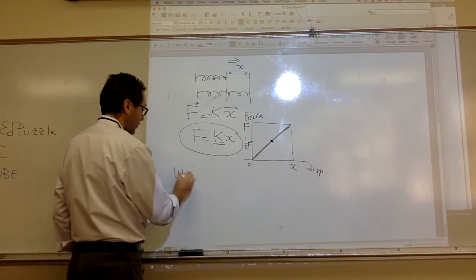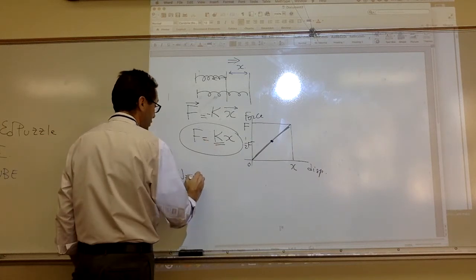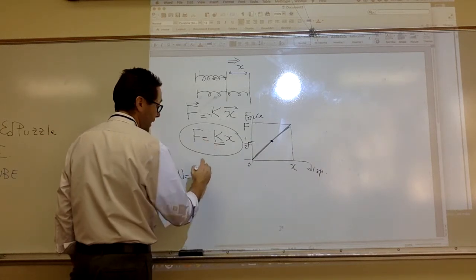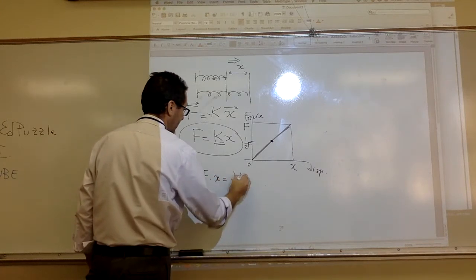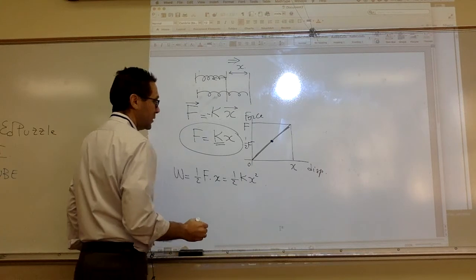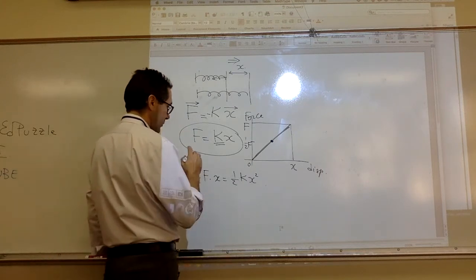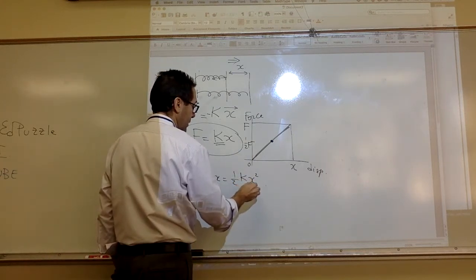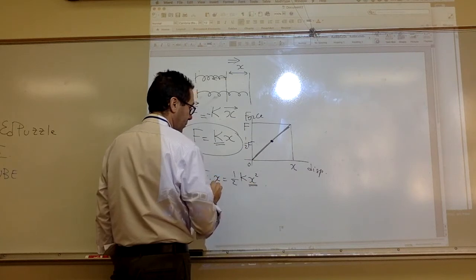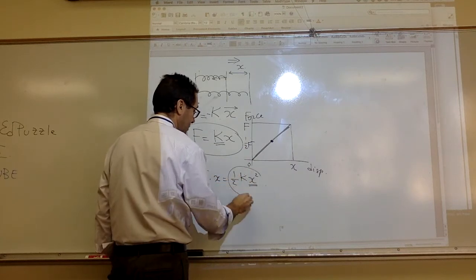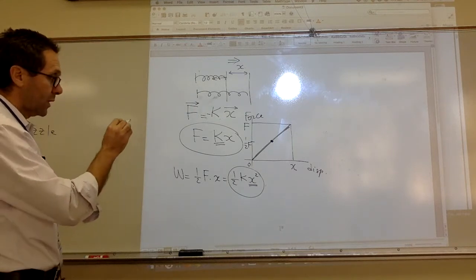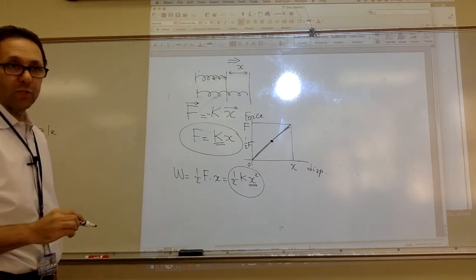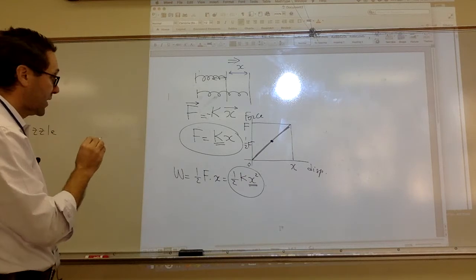The work will be half of F, the average, times x. That should give me one-half k x squared. In other words, to stretch this spring by an amount x, you have to do this much work, and by doing that much work, you store that much energy in the spring. So just be careful when finding work.